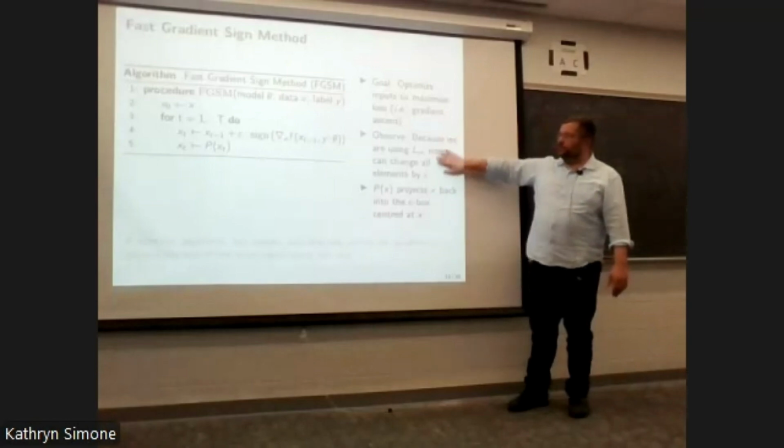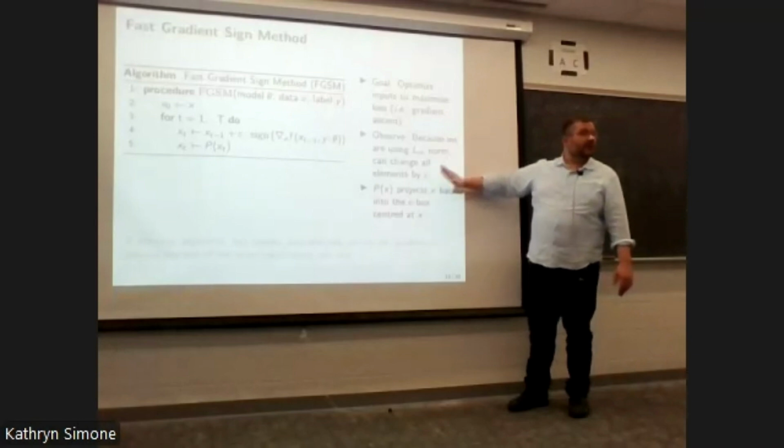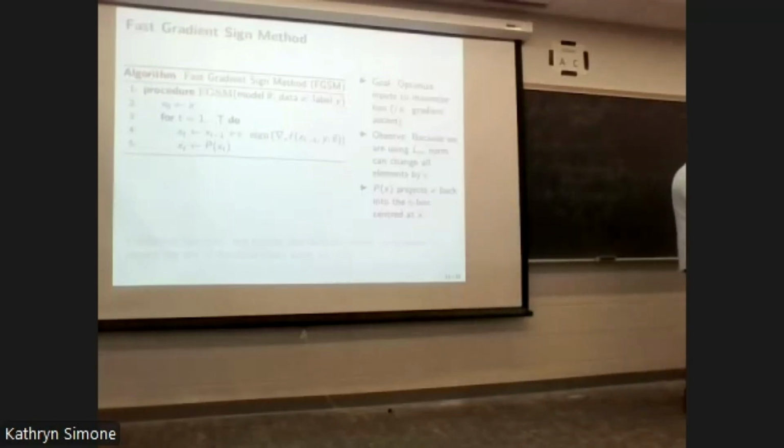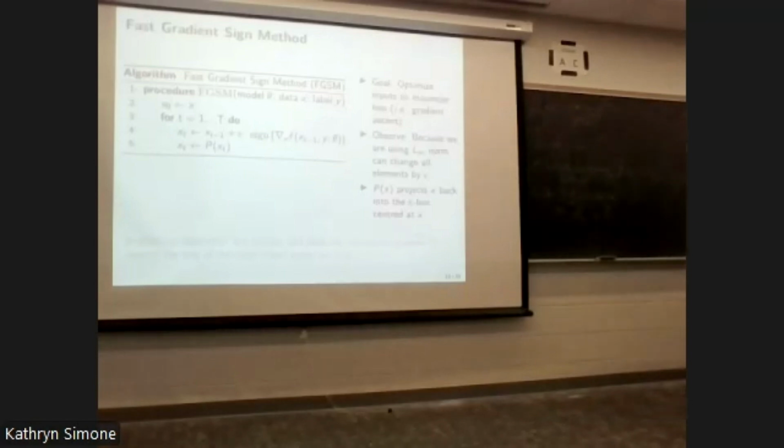Because we're using the L-infinity norm, we can change all of the elements by epsilon. This actually makes our optimization problem slightly easier. If you wanted to do a constrained optimization, you'd have to use Lagrange multipliers to solve this problem. But because we're using the L-infinity norm, we'll make our lives easier, and I will show you with a drawing.